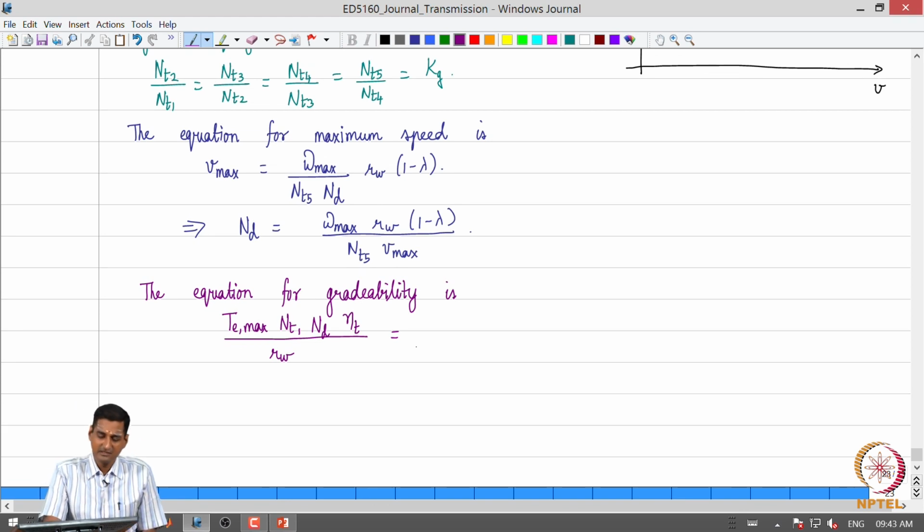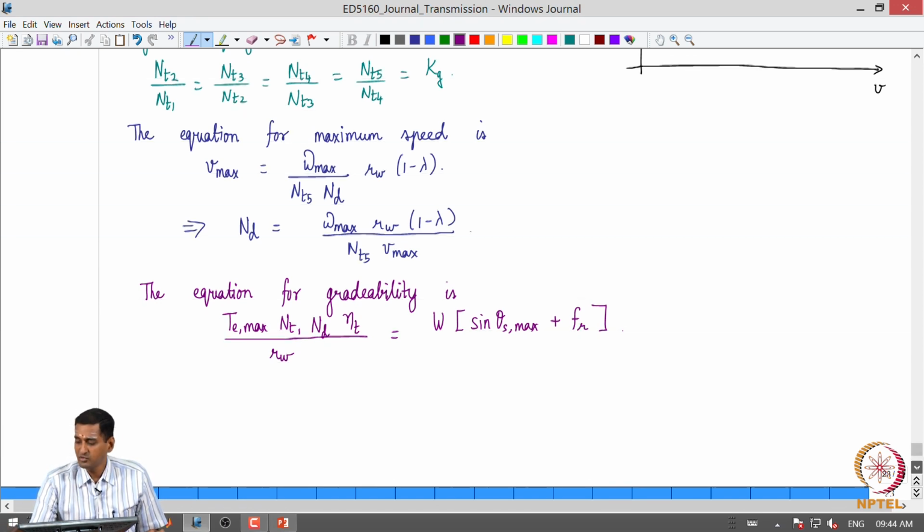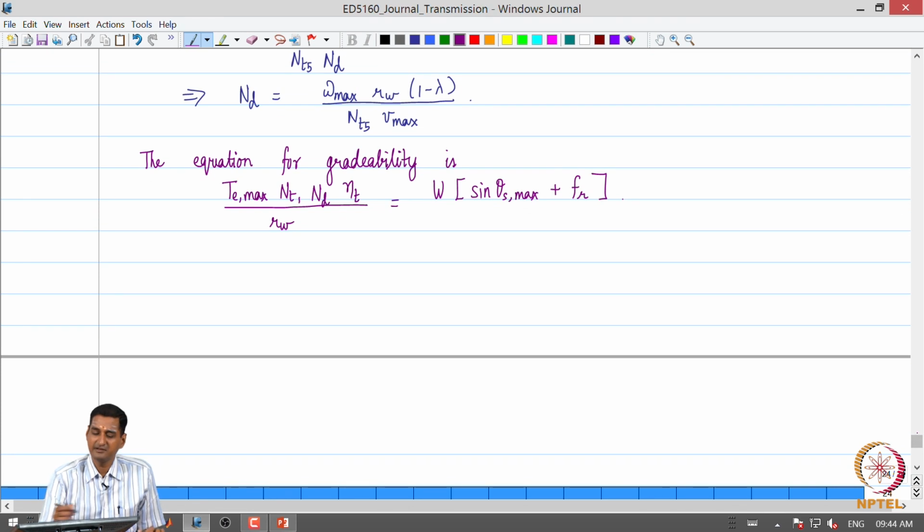I am not essentially changing anything. That is going to be W times sin theta S max plus Fr, right. So, this is the same equation, for matching the powertrain output in the first gear to what is required by the vehicle to climb on a grade.